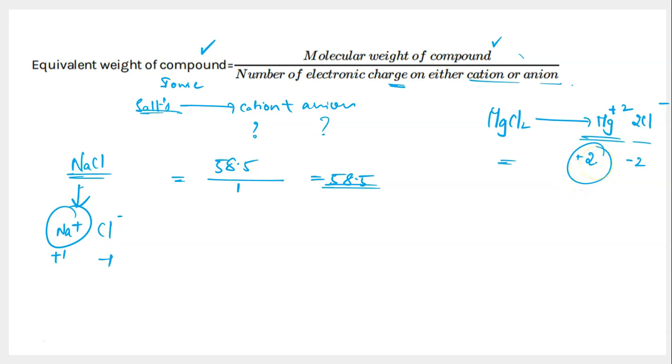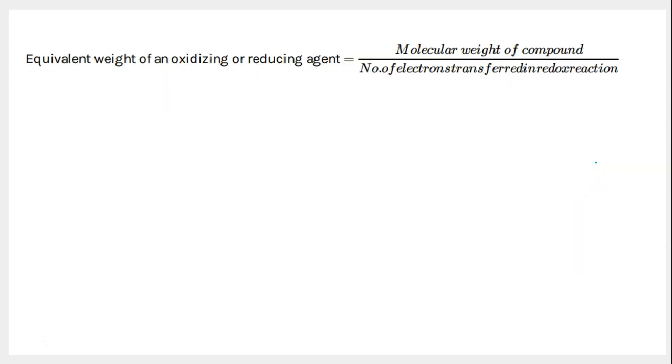Now let's move on to the next formula. In case you have to calculate the gram equivalent mass of an oxidizing or reducing agent, how will you calculate it? The formula is equal to the molar mass of the compound divided by the number of electrons transferred during oxidation or reduction.